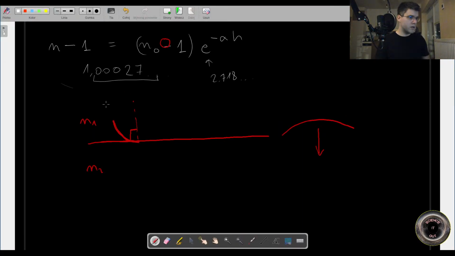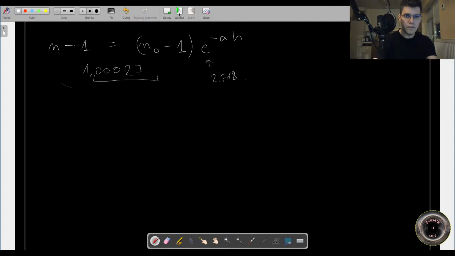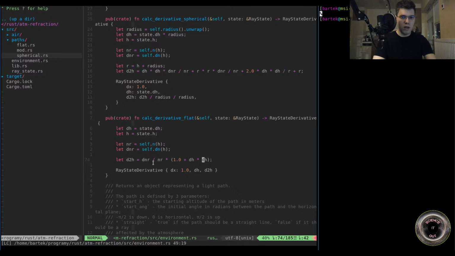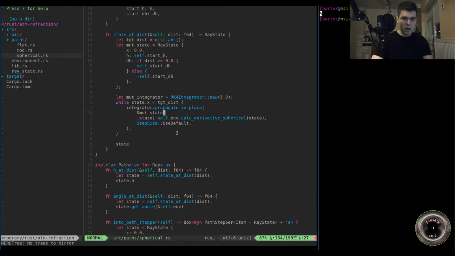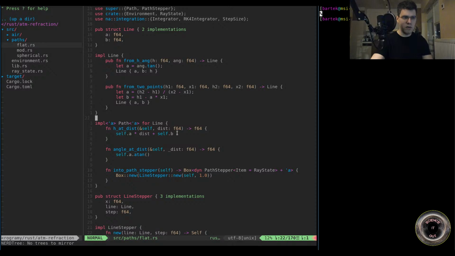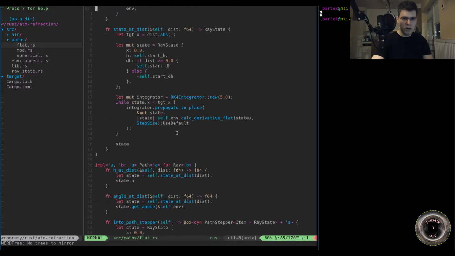What I wanted to tell you. One thing I already told you is that the Earth shape model decides which of the equations is being used, and I actually showed you that in the code. We have those two derivatives here: code for paths on a spherical Earth, calc derivative spherical, and separately one for flat Earth. This one calls calc derivative flat here.